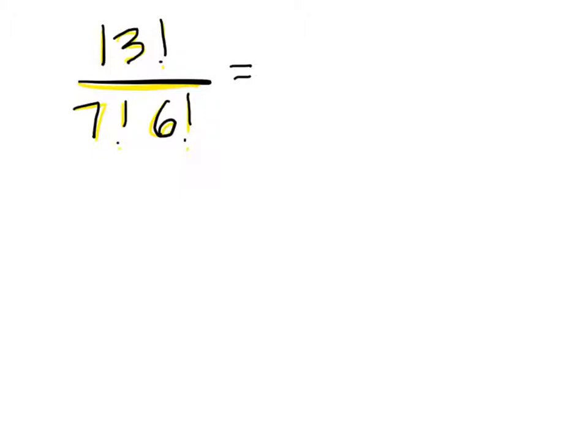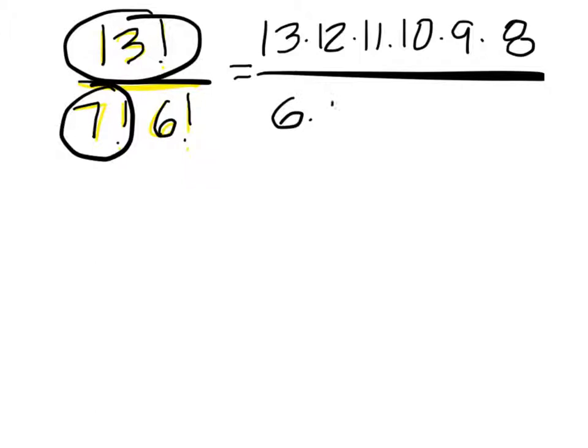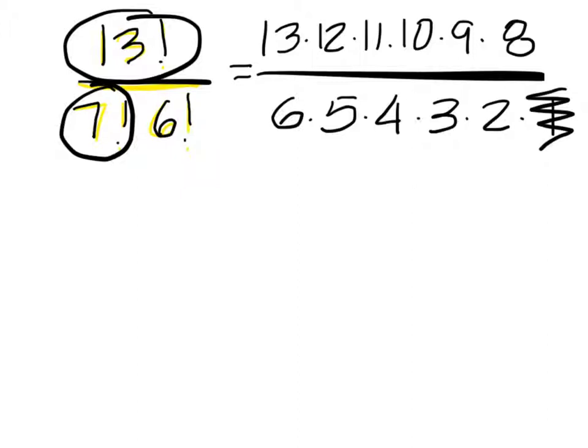Now, with a shortcut, this over this would leave you with 13, 12, 11, 10, 9, and 8. And then 6 factorial would give you this on the bottom. The 1 means nothing. We can cancel out a 6 and a 2 on the bottom and knock out a 12 on the top.